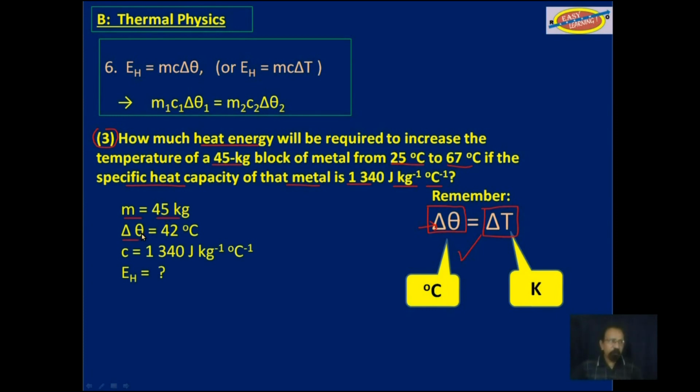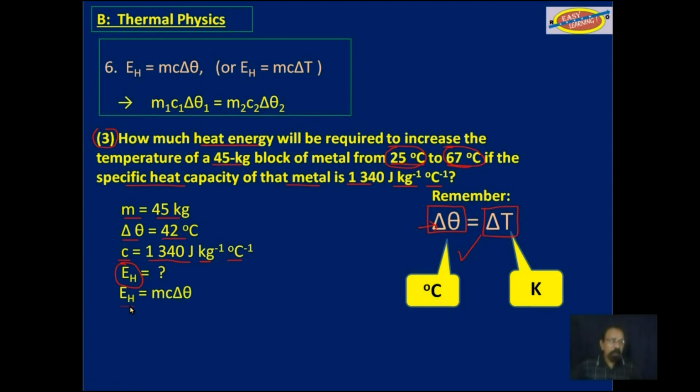We know the change in temperature is 42 degrees Celsius when we subtract 25 from 67. We know that the specific heat capacity of this metal is 1,340 joules per kilogram per degree Celsius, and we want to find how much heat energy is required to do that increase in temperature of that particular mass of metal.